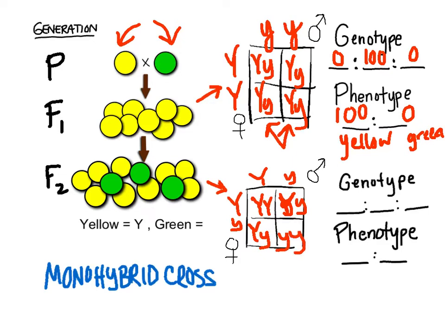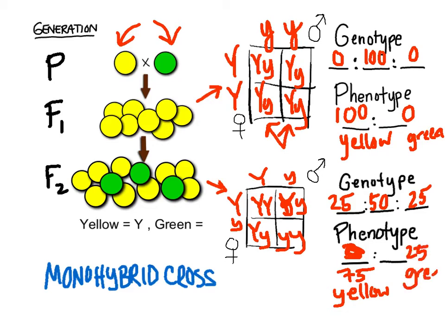So my genotype actually ends up being 25% homozygous dominant, 50% heterozygous, 25% homozygous recessive, and my phenotype ends up being 75% yellow to 25% green, which is exactly what Mendel observed.